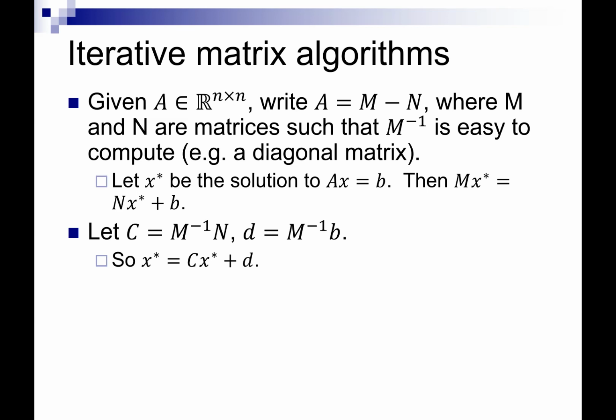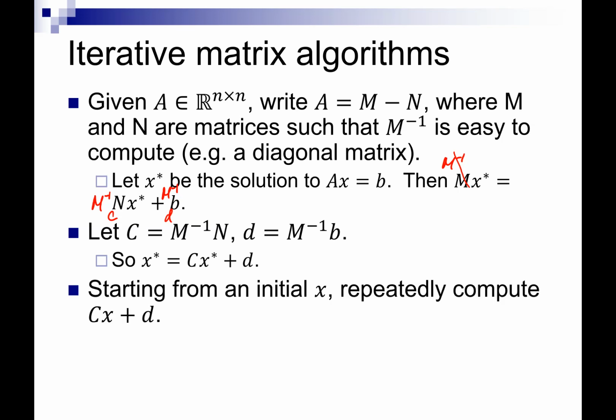Now if you look at the previous formula, if you multiply both sides of this formula by M inverse, on the left it's going to cancel, so we just have X star on the left. On the right, since we're defining C to be M inverse times N, the first term is going to be C times X star, and the second term is going to be D. So therefore we have that X star equals C times X star plus D.